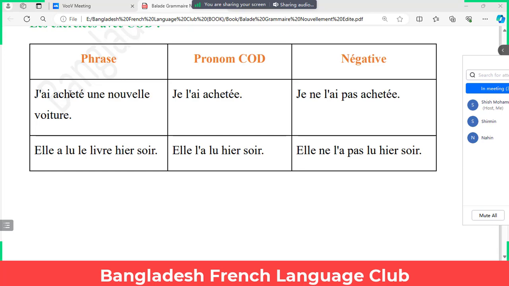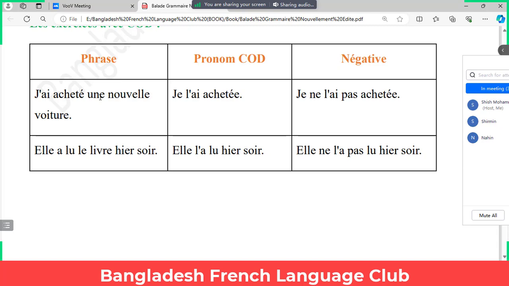So here, after the verb acheté, we don't see any preposition. That's why une nouvelle voiture is a direct object. Now, as it is a direct object, we need a complement to replace this word.